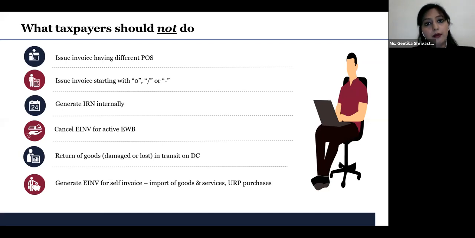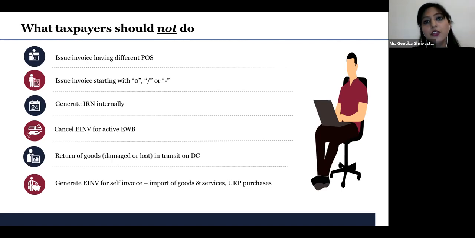Now in this scenario, where the e-invoice is going to be generated, if you see the second point, they've categorically mentioned that you cannot issue any invoice starting with 0, hash, or slash. So these numbers will not be allowed for reporting of e-invoice, which means the practice prevailing in the industry today of reporting an invoice having multiple POS on the portal by just adding a 0 or a hash in front of the invoice number cannot continue.